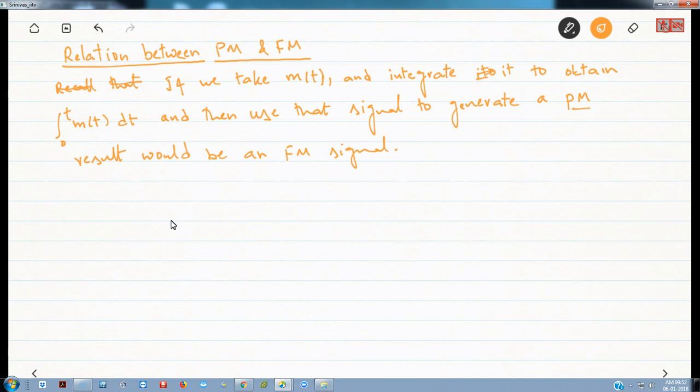See, this might look confusing to you at the beginning, but just note down this sentence, then we will see.